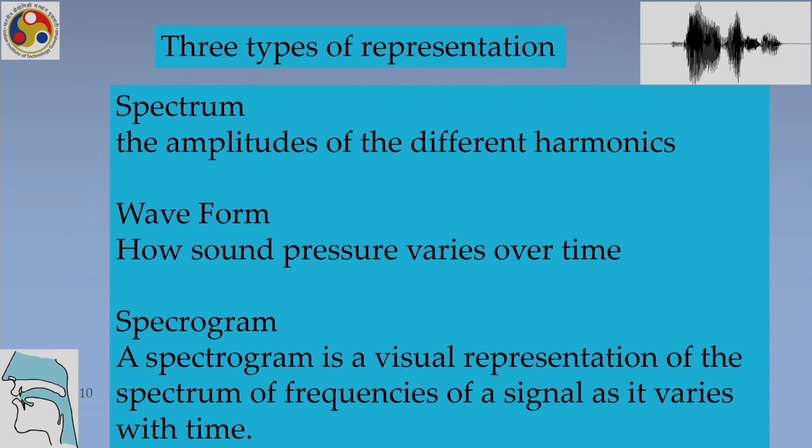And we also talked about different types of representation. We have the spectrum, where you see the amplitude of the harmonics. You see a waveform, which shows how the pressure varies over time, and in a spectrogram you see the change over time of the spectrum of frequencies, and also intensity.